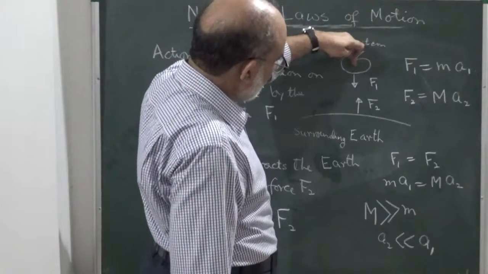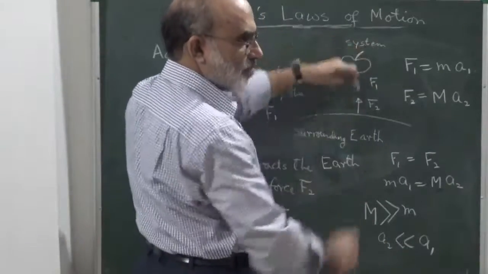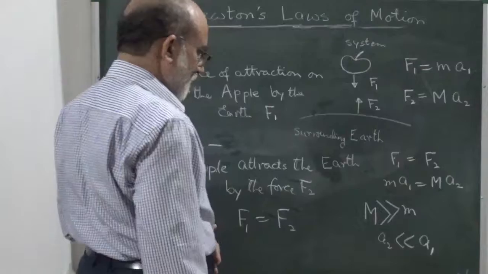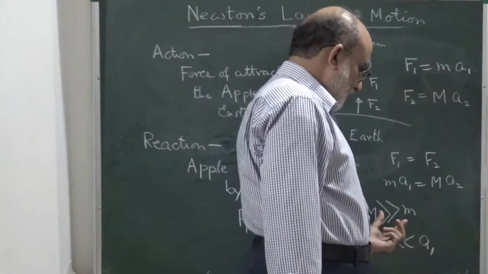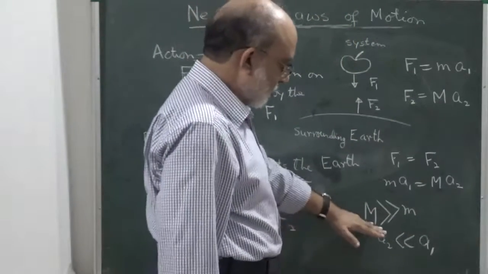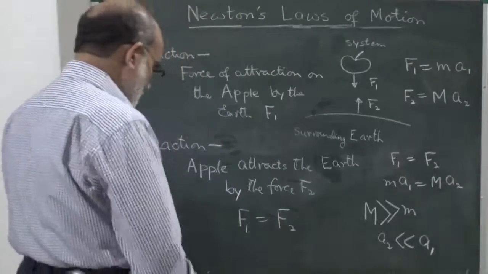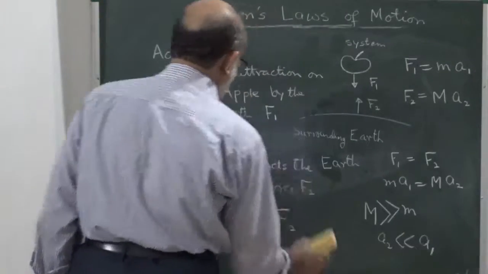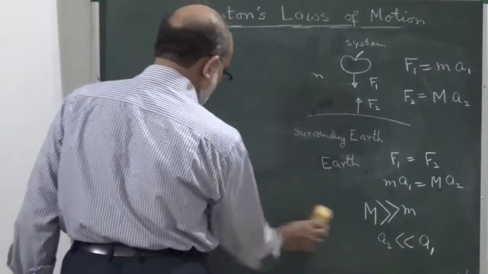If we sit on the apple, it will appear that the earth is moving upward. This can also be understood when we study the center of mass, then this will be more clear. So that is for action and reaction. We will do some more examples.